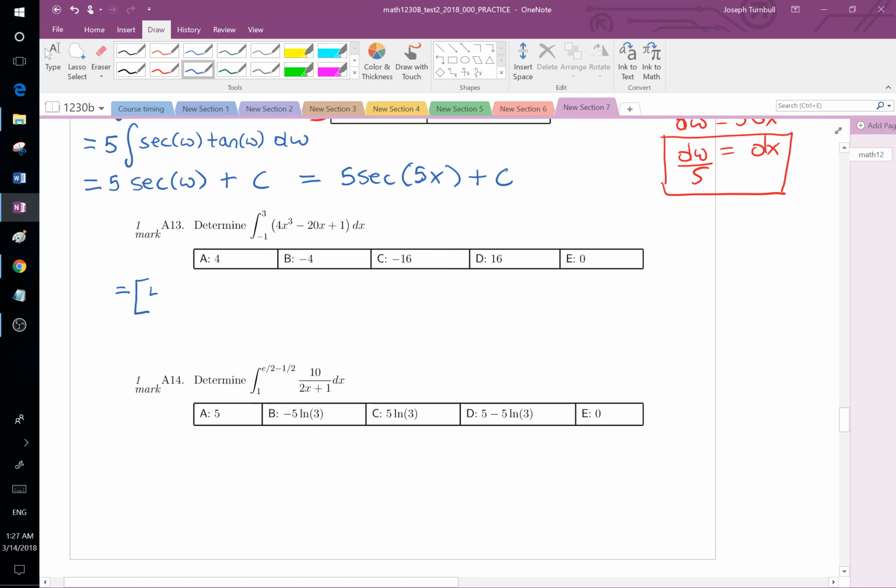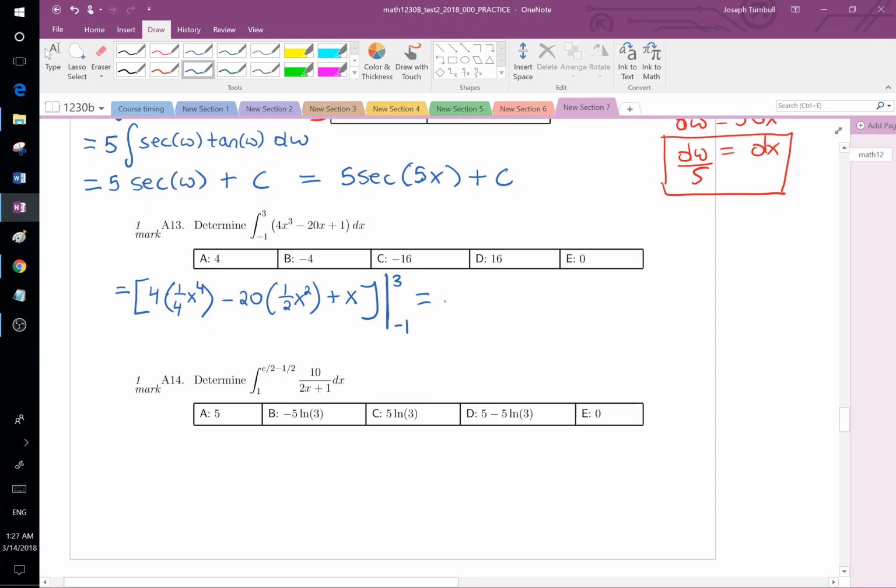From the first piece, the antiderivative of x to the 3 is 1 over 4 x to the 4, multiplied by the 4 in front. Antiderivative of x is 1/2 x squared, multiplied by the 20 that's in front. Antiderivative of 1 is just x. And then we evaluate, so the vertical line is a symbol that means evaluate from -1 to 3.